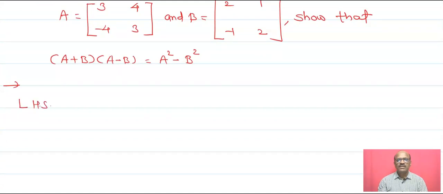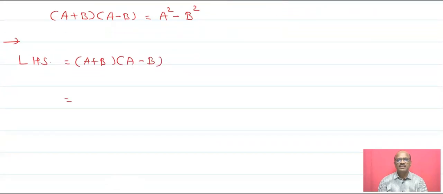Therefore, LHS is equal to, in brackets, A plus B, A minus B, and their product is like this.